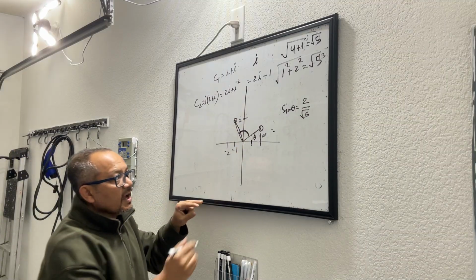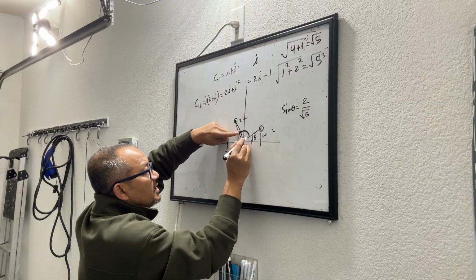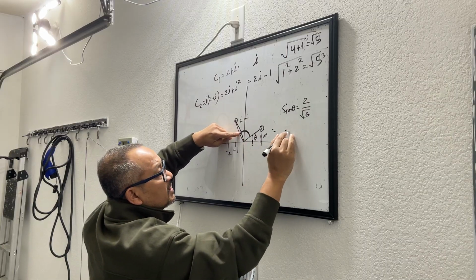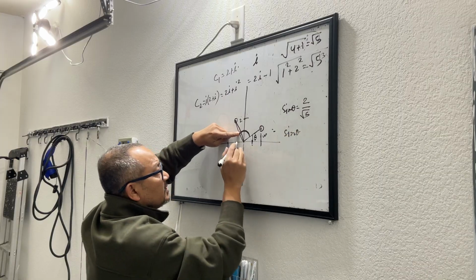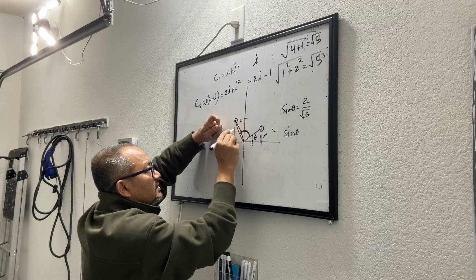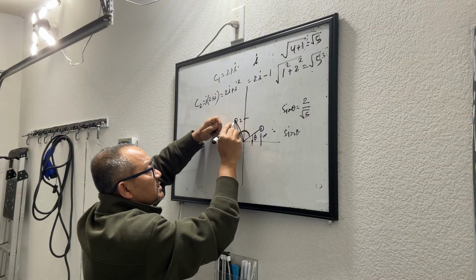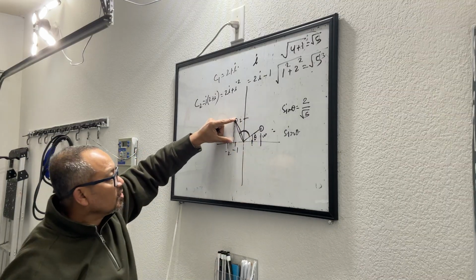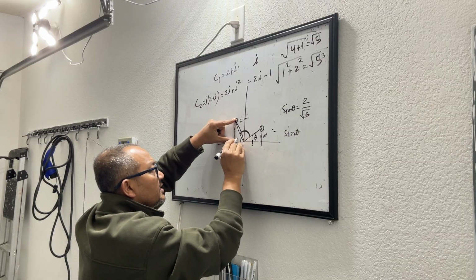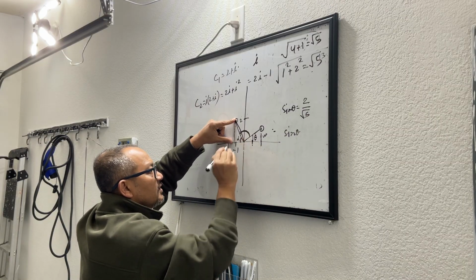And here in this case, what is my sine of theta? Let's say this angle I'm giving a name alpha.